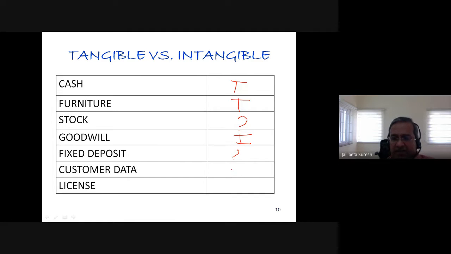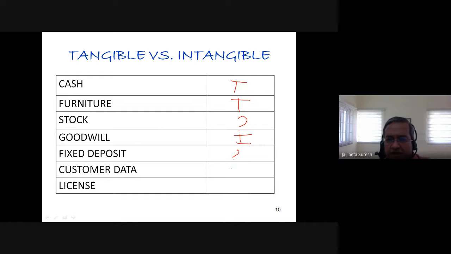Then customer data. Customer data is something very unique for any organization. Say if I'm running a company over a period of 20 years, I accumulate a lot of customers, and how customers work with my products, and so on.